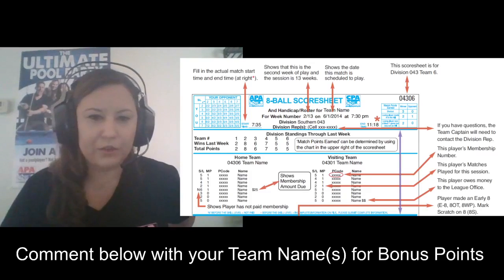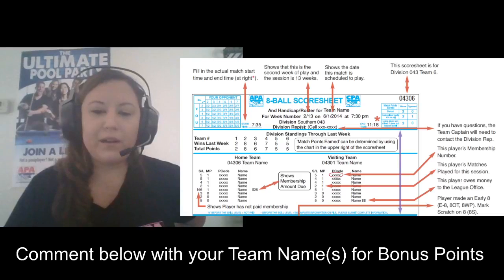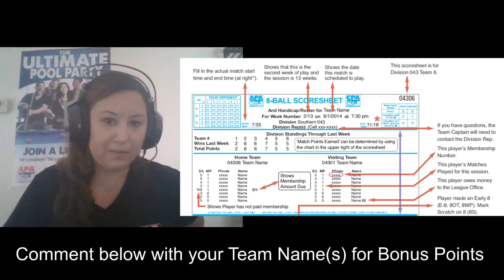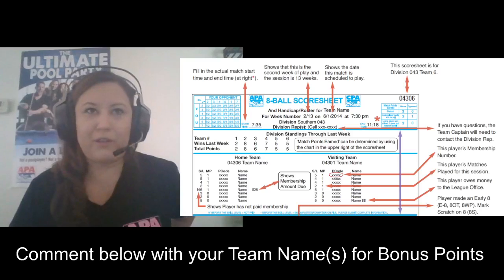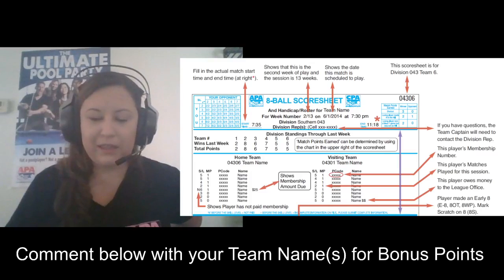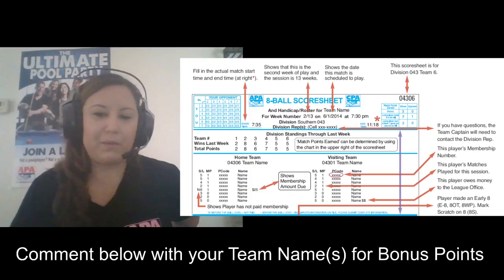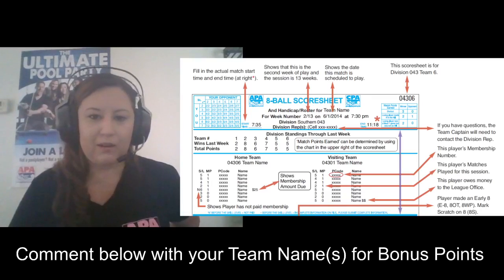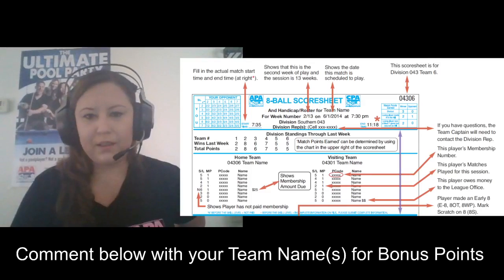We have that first match free card. If a player plays a second match and has not paid their membership, we're going to hold that match and pretty much give them about 1 to 2 days to pay that before we basically forfeit that match to the other team, because you did not have an eligible member playing on your team for that match.